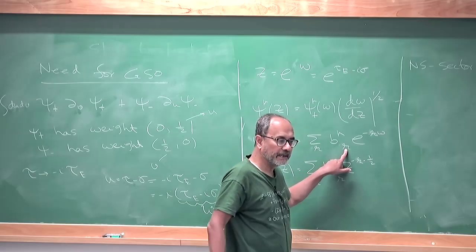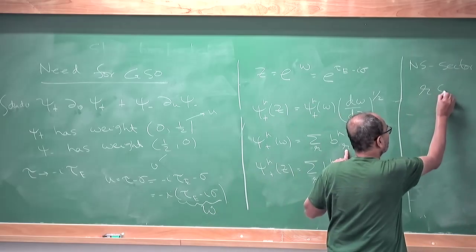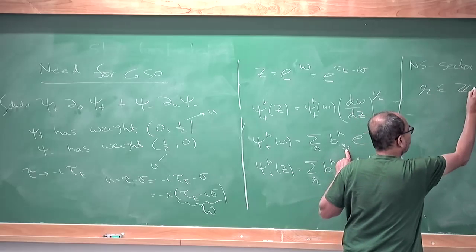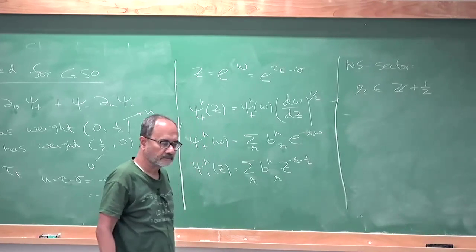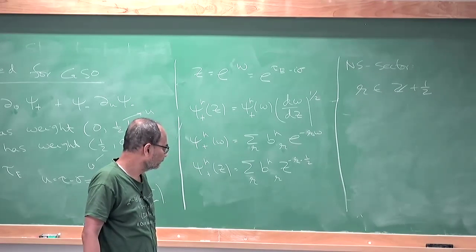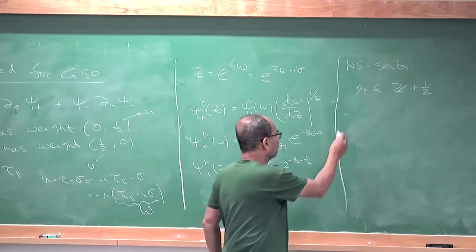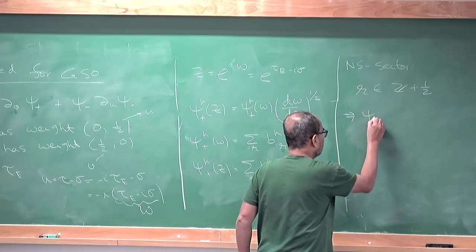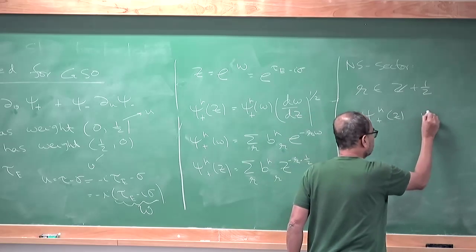So r was integer plus half. In this sector, r belongs to Z plus half. So we see that psi mu plus of z is single valued.